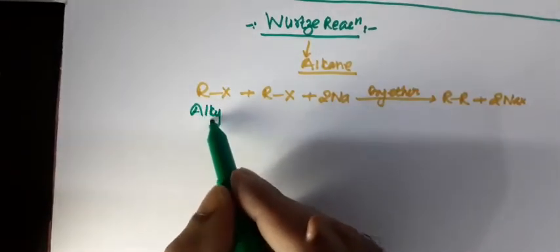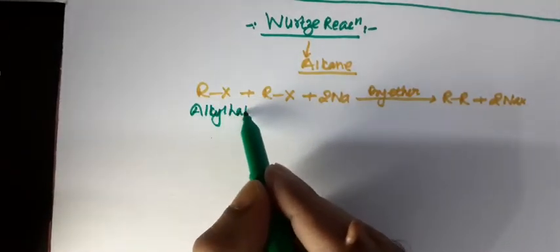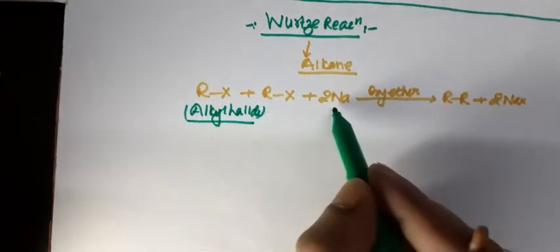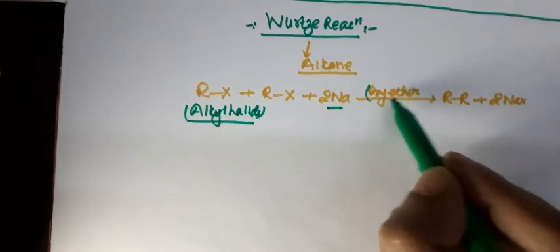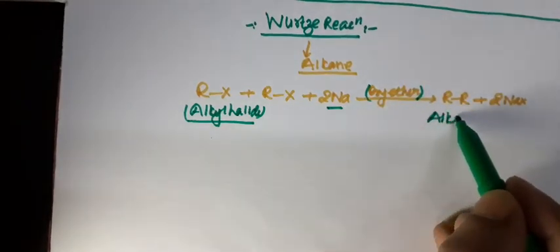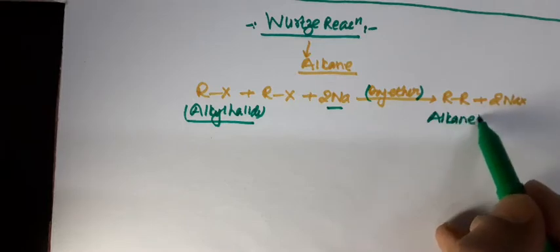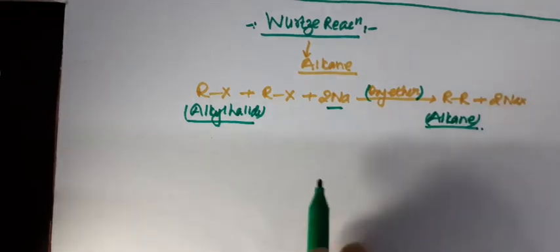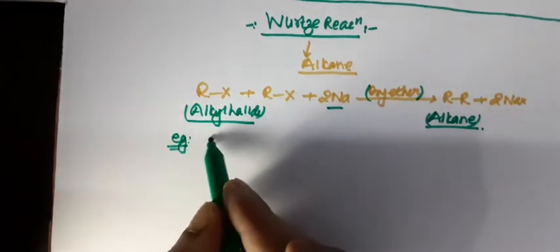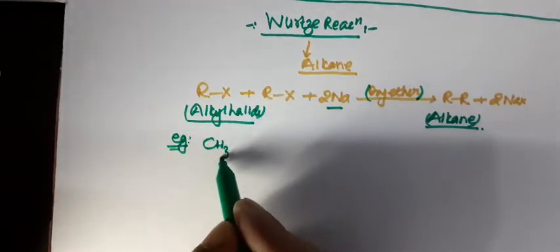This is alkyl halide. Two molecules of alkyl halide treated with sodium in presence of dry ether used as a solvent and release the formation of alkane. So better we took an example like CH3Br.